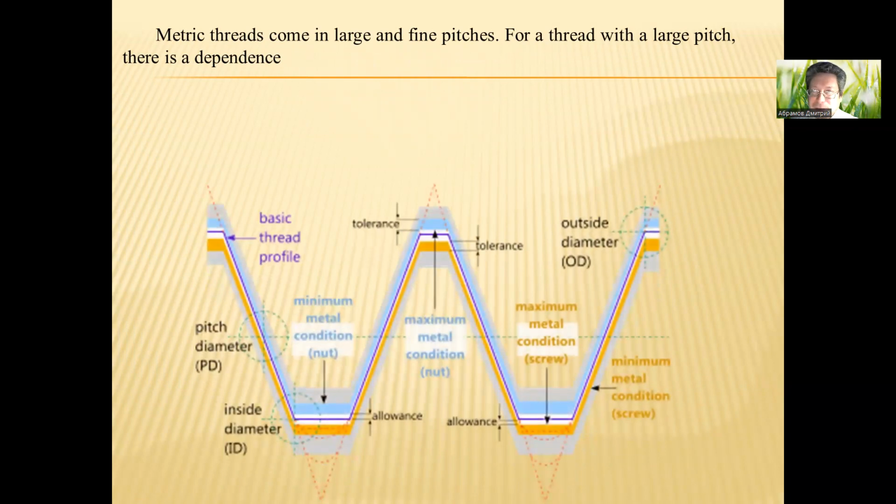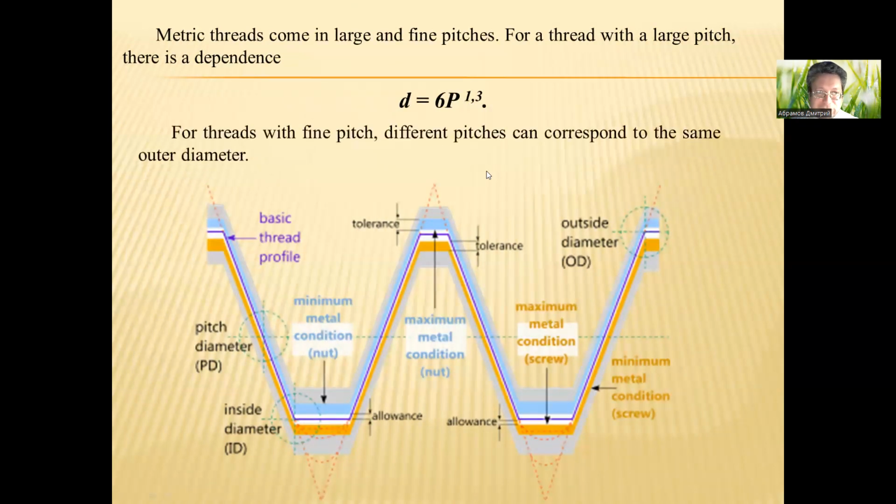For a thread with a large pitch, there is the dependence D is equal to 6P to the power 1.3. For threads with fine pitch, different pitches can correspond to the same outer diameter.